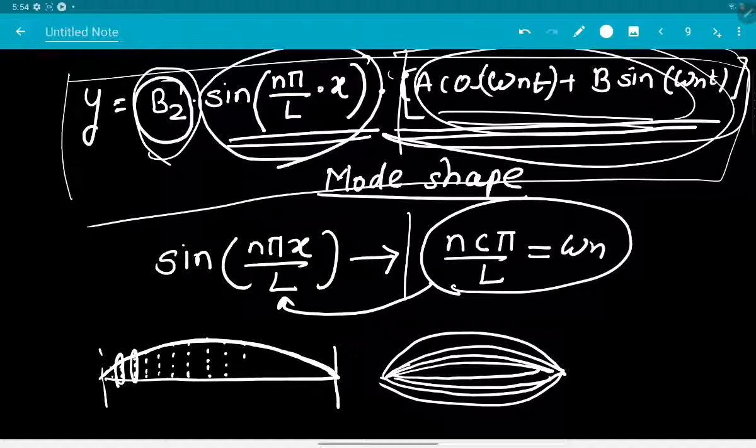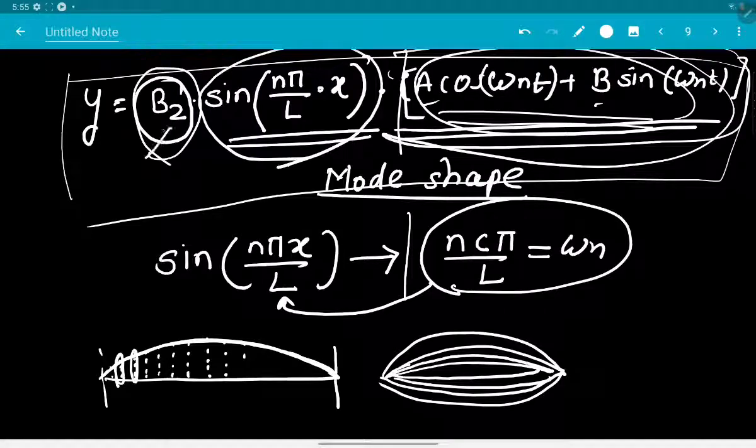However, we are yet to incorporate initial conditions. When we incorporate initial conditions, we'll be able to find the other two constants. So now let me once again write down this y by taking this b2 inside.